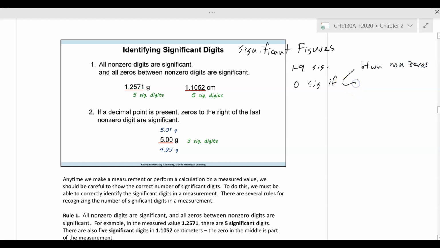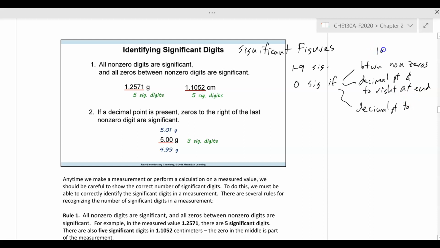It can be significant if there's a decimal point in the number and it's to the right of that decimal point, or that decimal point at the end, but not at the beginning necessarily, unless it's between two non-zeros, or if there's a decimal point that the zero is to the left of.